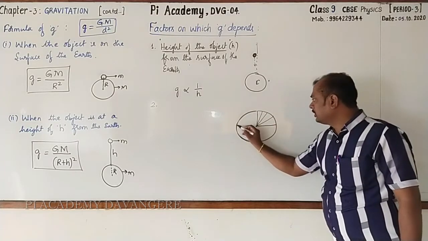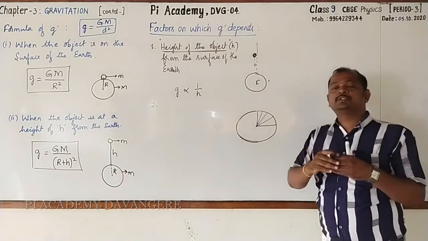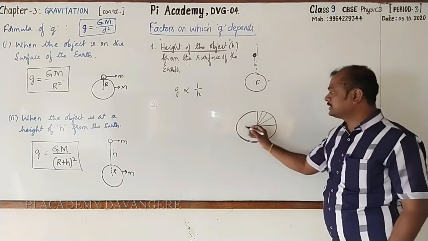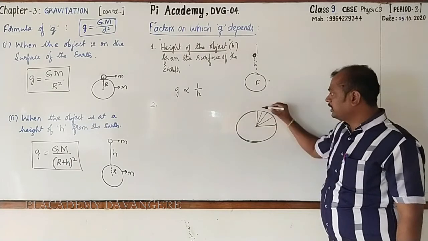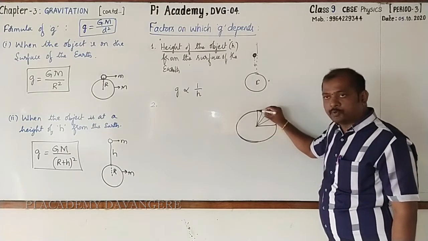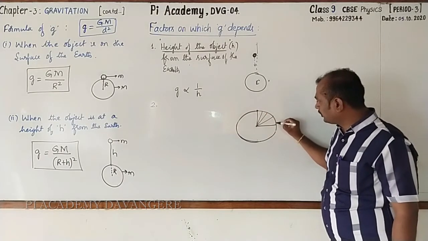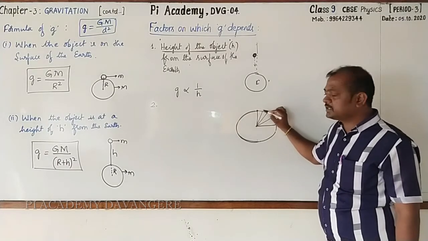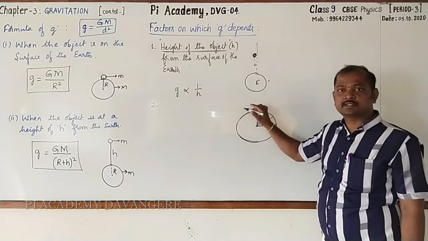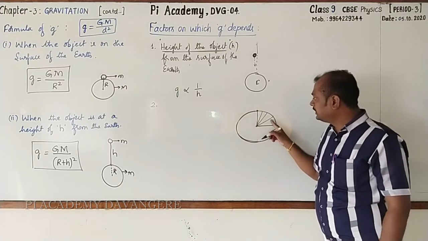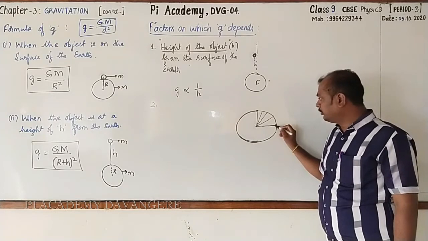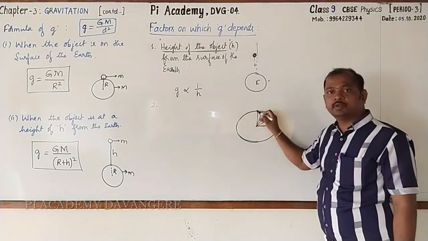Look here. It is changing. So what do you call the imaginary line which divides the earth into two equal parts? That is called the equator. And this is the pole. As we move from the equator to the pole, whether the radius decreases or increases? Of course, it decreases. From here to the equator is more, from here to the pole is less.